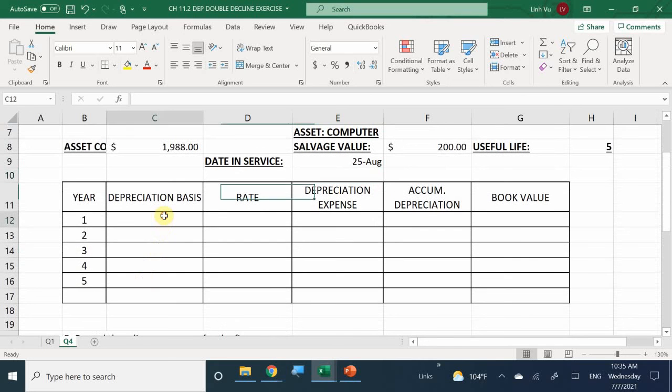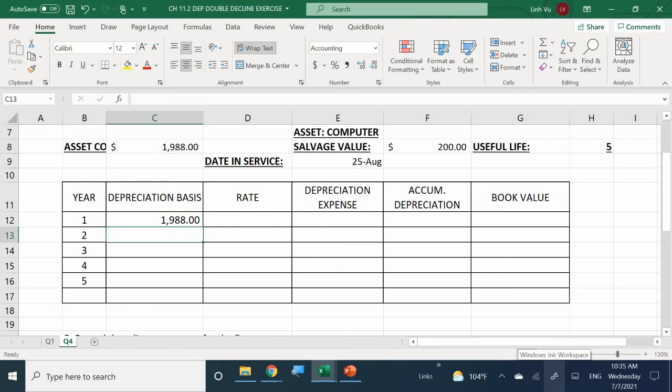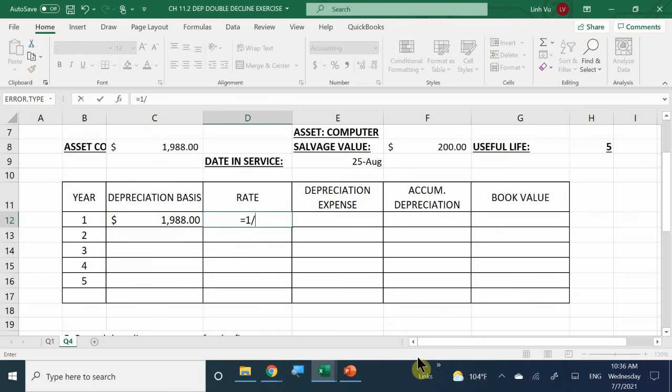All right, so let's go ahead and solve for our table here. What's going to be my depreciation basis? The 1988. I have your rate to be 40%. 40%, right? 1 over its estimated useful life of 5, times 2.